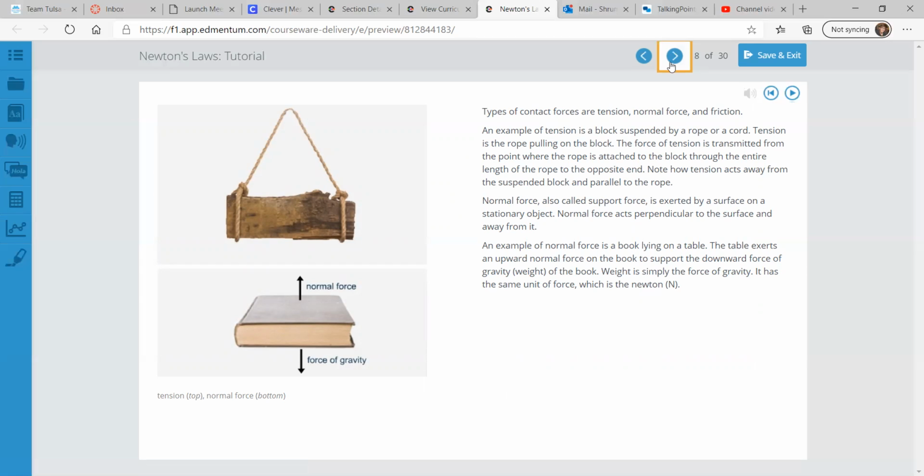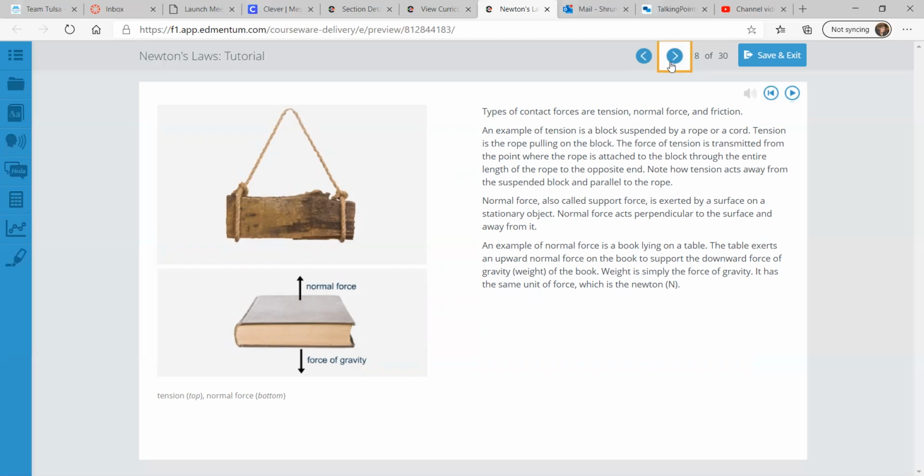As an example of tension, is a block suspended by a rope or a cord. Tension is the rope pulling on the block. The force of tension is transmitted from the point where the rope is attached to the block through the entire length of the rope to the opposite end. Note how tension acts away from the suspended block and parallel to the rope.